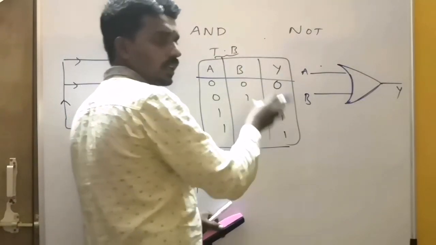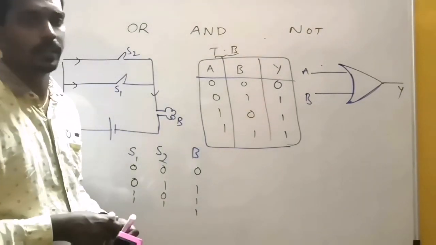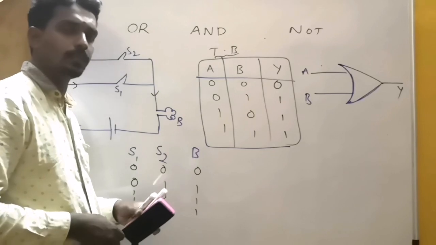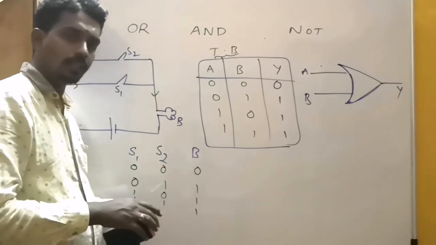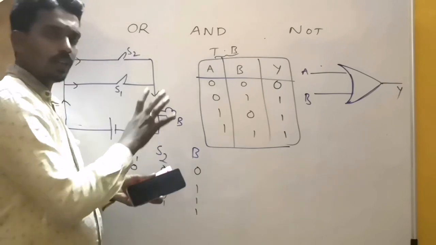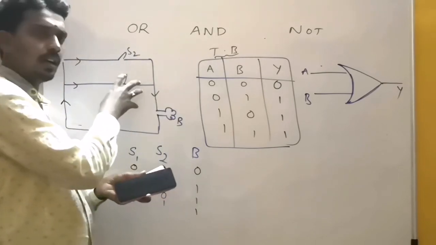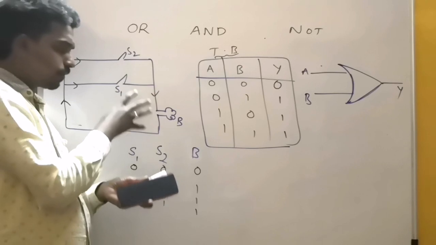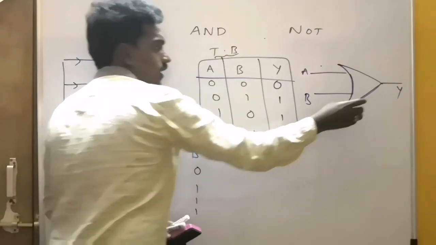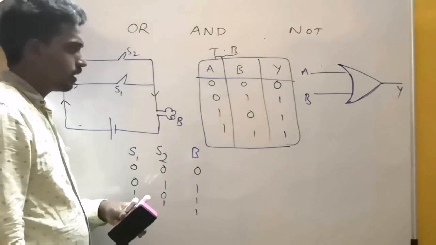We want only the input and output. Apart from this, there is also a Boolean expression that we will study later. Right now we are just studying the working nature of a particular gate, the truth table and the circuit representation.